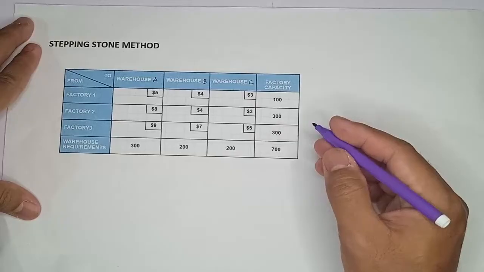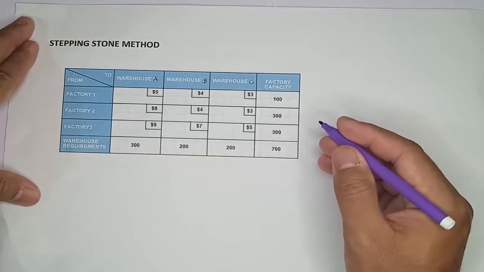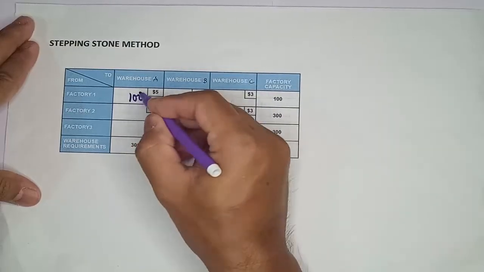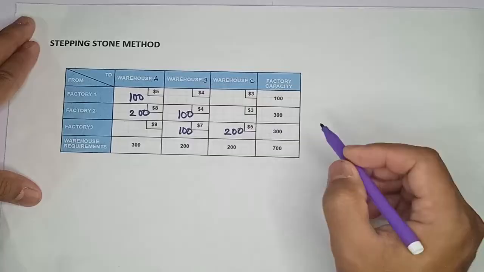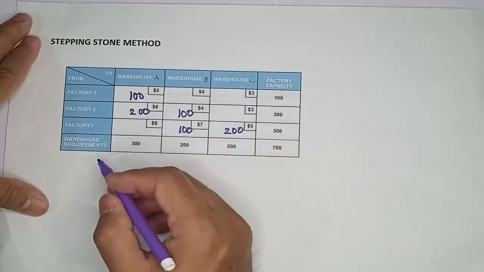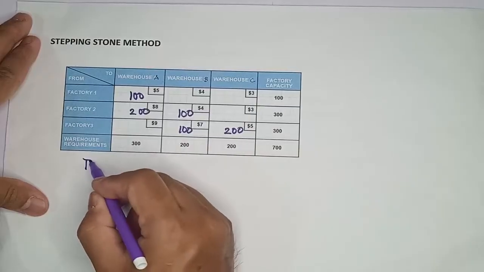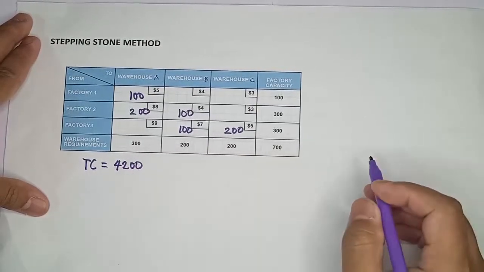To start with, we're going to use the northwest corner as a starting feasible solution, in which the initial transportation cost is equal to 4,200.